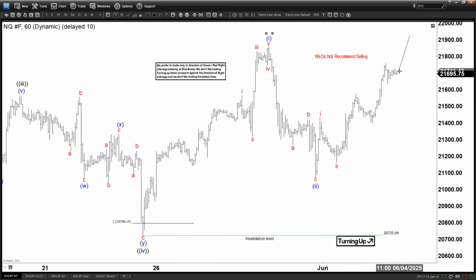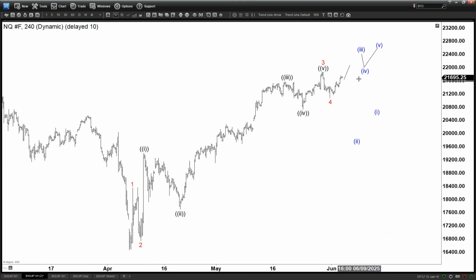For now, we could assume that is taking place, and we're just waiting for the confirmation break above here. As long as we stay above 27.25, we do like further upside, and a break above this peak will somewhat confirm that the bullish view is going to be the one playing out with higher probability, and we can continue to see more upside before finishing this 5 waves.